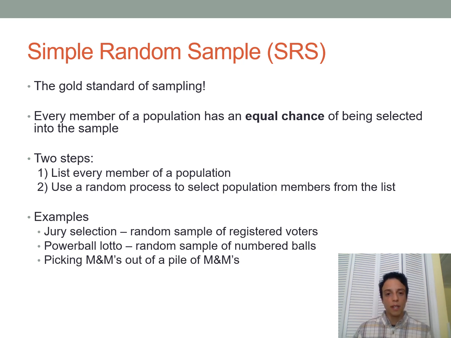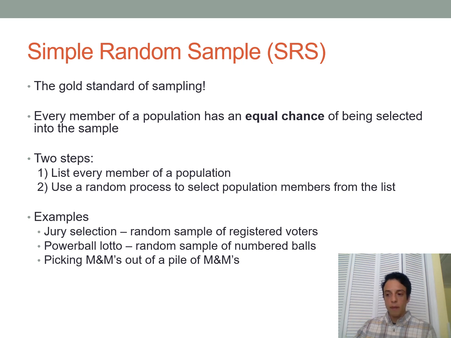Another example of a simple random sample would be one you guys are familiar with already, which would be picking M&Ms out of a pile of M&Ms. So when we did that in class, we could have said that our population was a bag full of M&Ms. So your total population, the total set of things you're interested in, were those 14 or 15 M&Ms that you had in your bag.